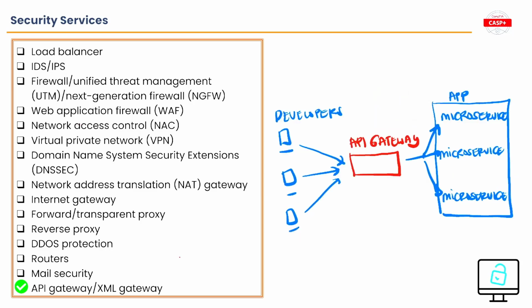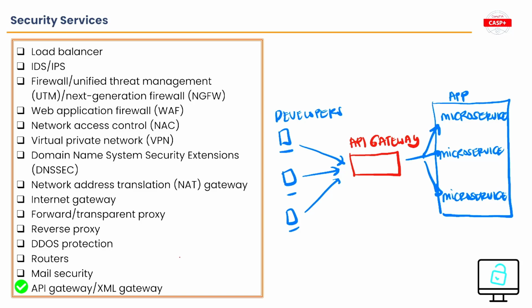The last one is the API gateway or XML gateway. For an API gateway, request routing, composition, and protocol translation are just some of the functions that an API gateway performs on behalf of clients. Typically, it uses numerous microservices to process a request and then aggregates the information to identify the best course of action.